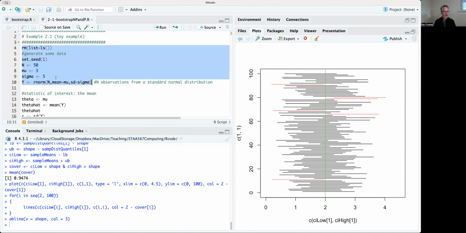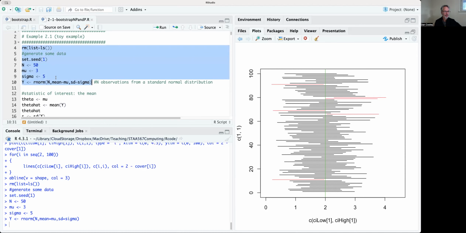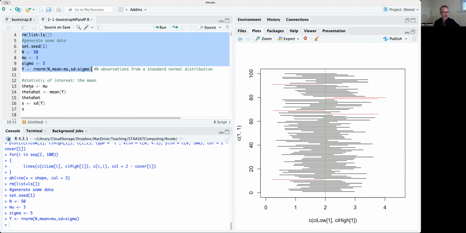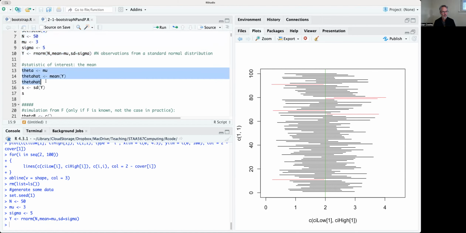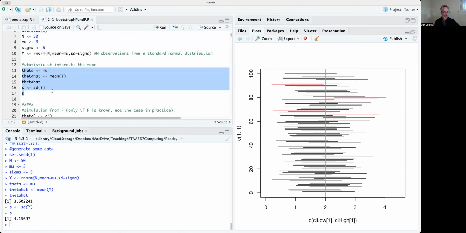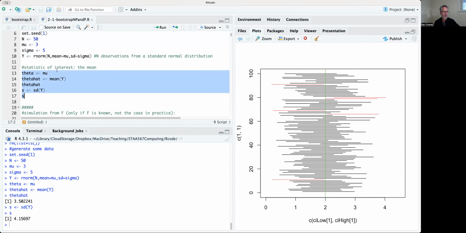We can sample from that normal with mean 3, standard deviation 5, and store our sample in Y. This would be like the sample we go out and collect, and then we estimate the mean and the standard deviation of our data.